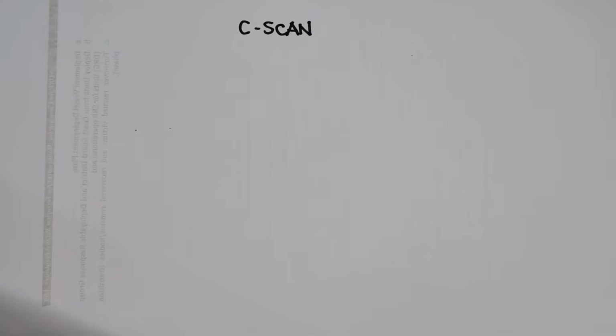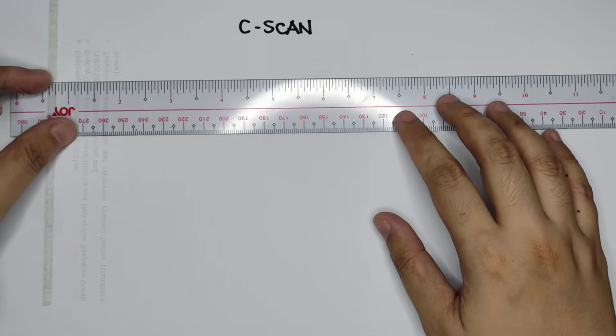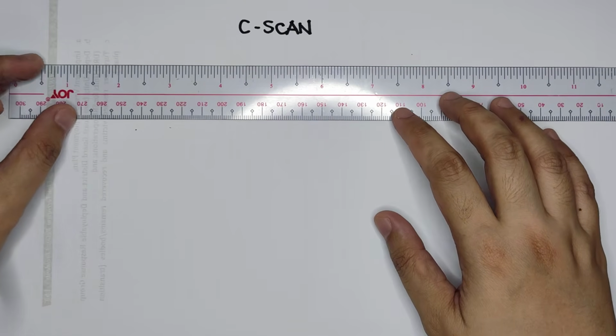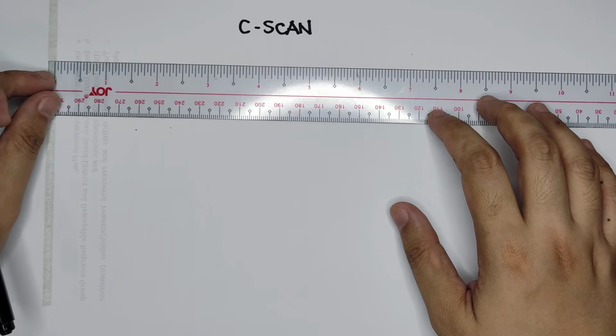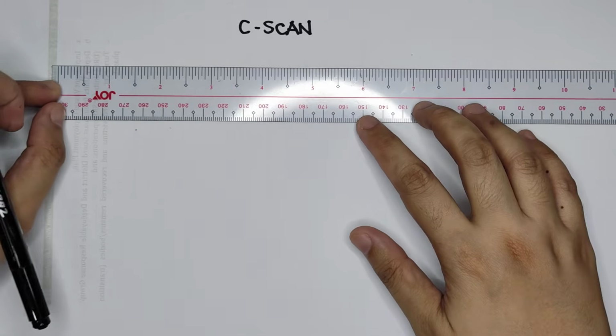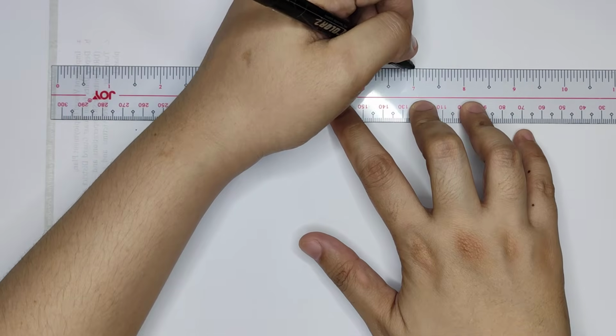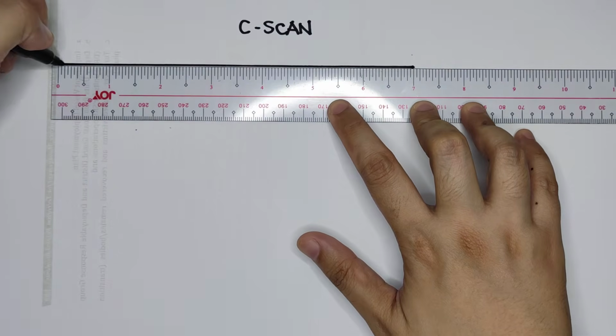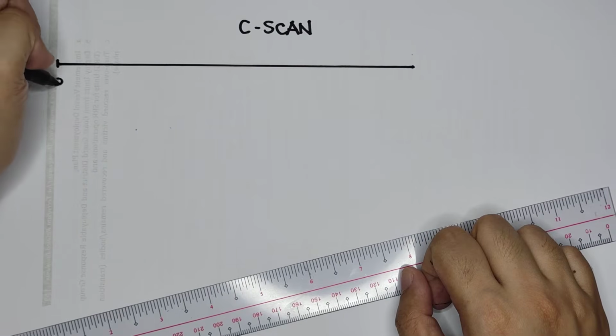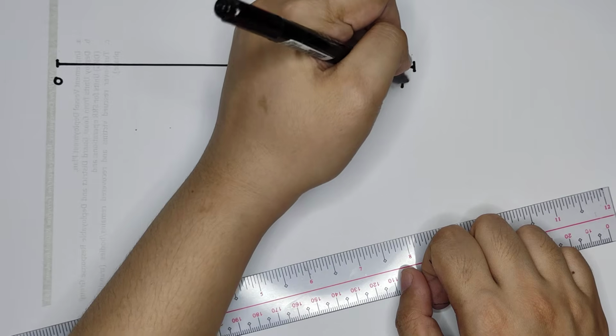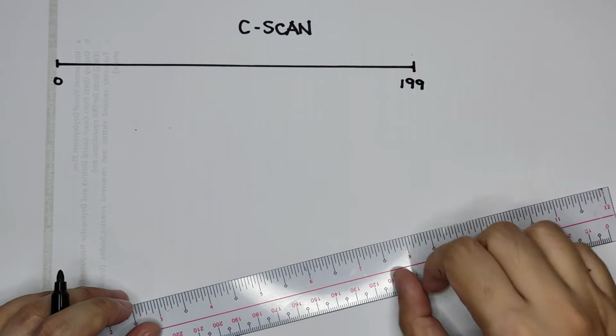So again, allow me to draw the number line for the cylinder values. We have 0, then 199.